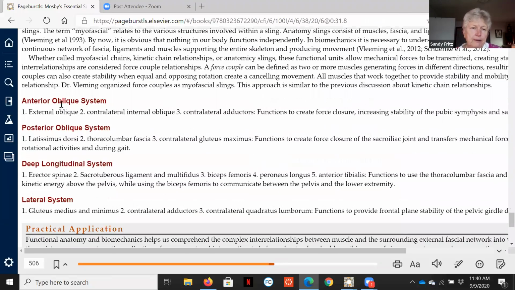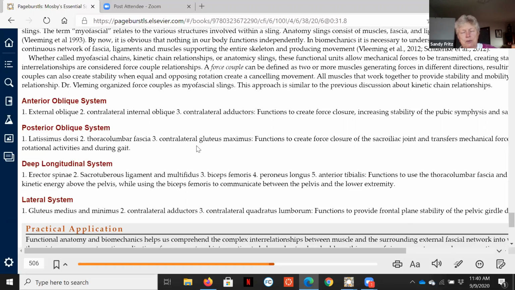So if we get an idea of what these are, then we can start thinking broader than, okay, it's a muscle. It's a trigger point in a muscle. Well, it might be, but it's probably also something in a muscle above the jointed area and two muscles below it, and the connective tissue units in through there.